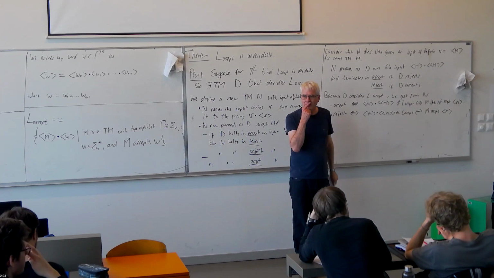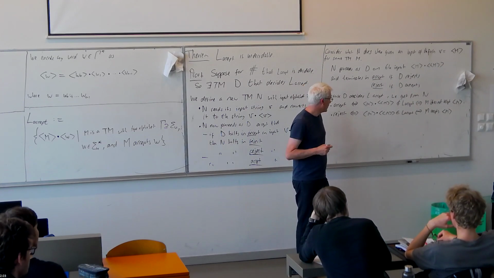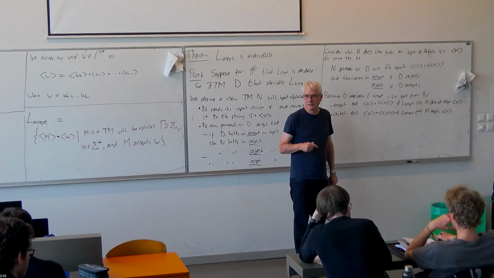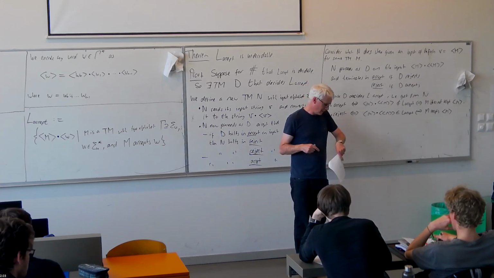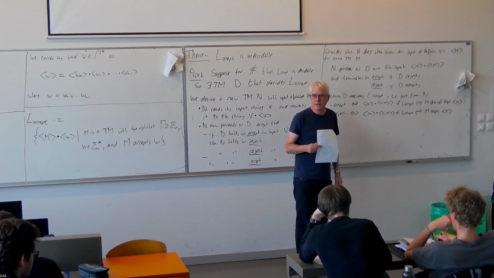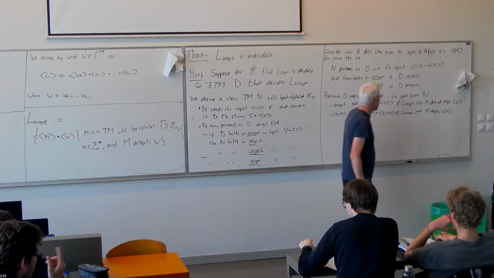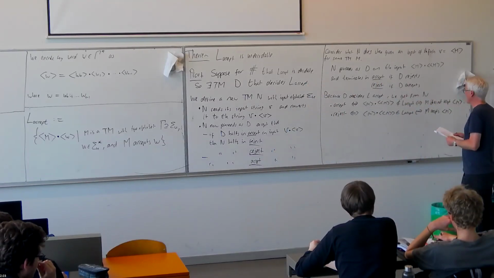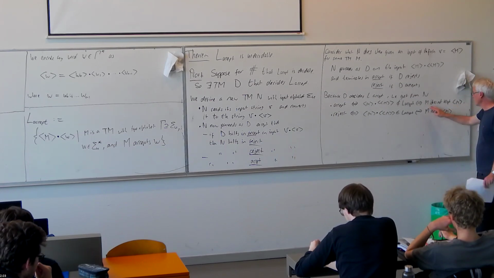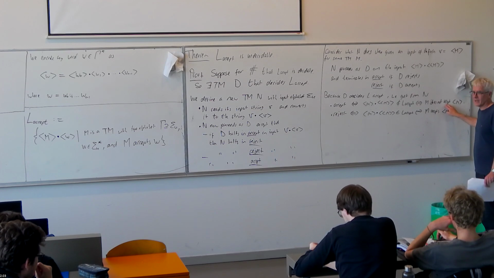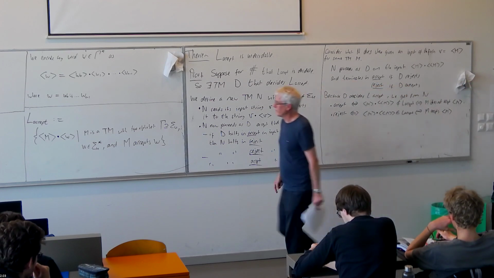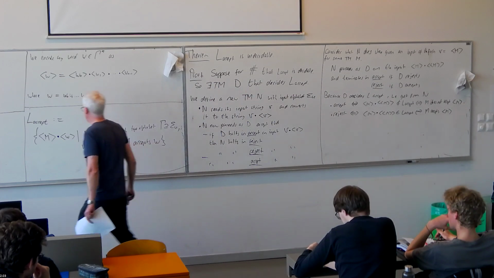Yes? You wrote does not accept. Maybe this means rejects, right? No, rejects means halts in a reject. Yes, actually. It means does not accept. Because M is just an arbitrary machine here.